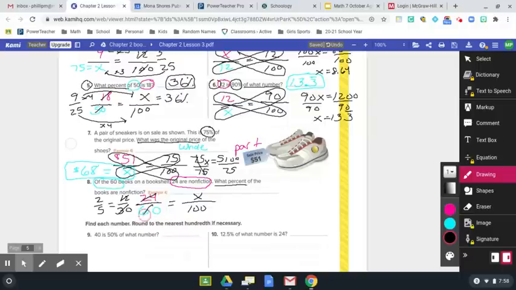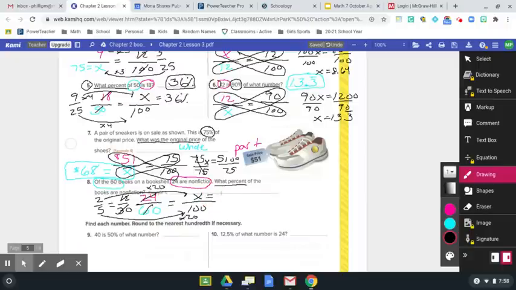I see from 5 to 100, that's going to be times 20. This is getting 20 times bigger. So that means if the denominator is getting 20 times bigger, the numerator is also going to get 20 times bigger. 2 times 20.